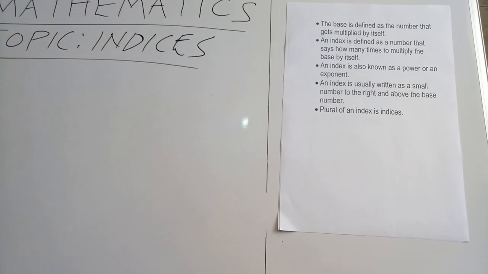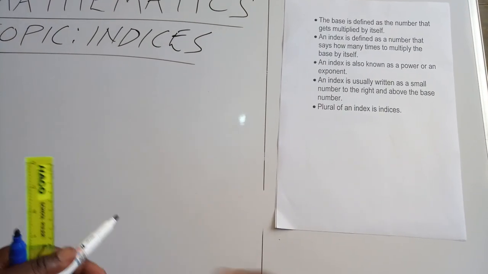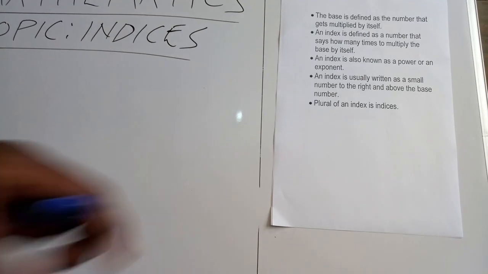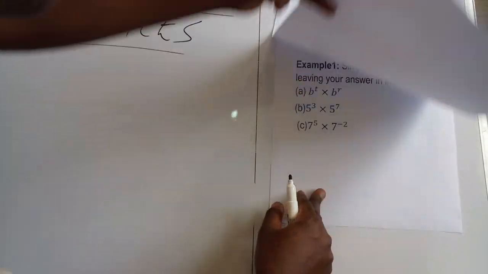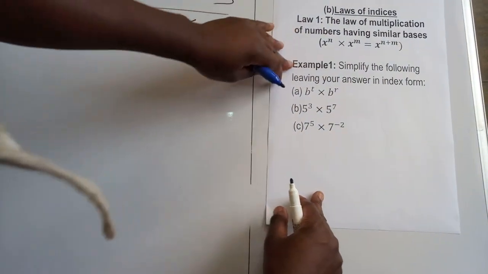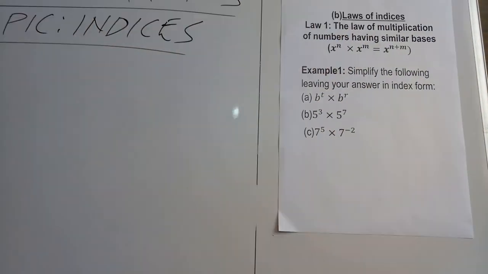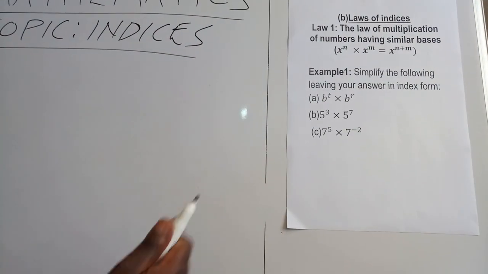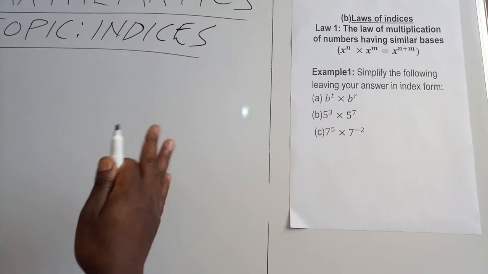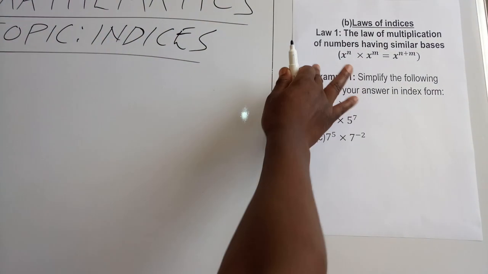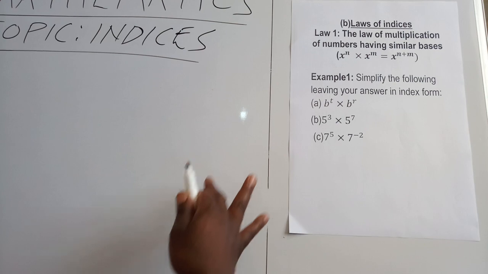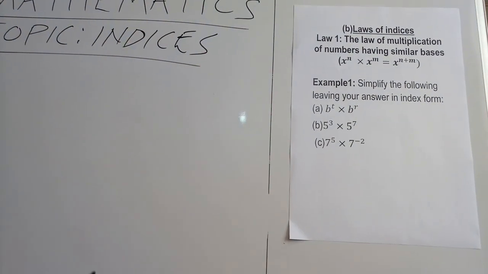Now I hope you have understood what we mean by an index. Now we go to our next part, which will be the beginning of the coverage of laws of indices. I've insisted, how many laws? There are 9 laws, but for this lesson I'm only going to cover one law. Now which law is that?